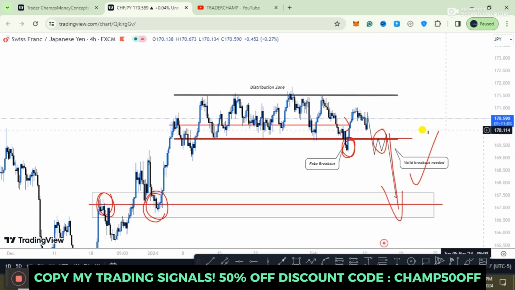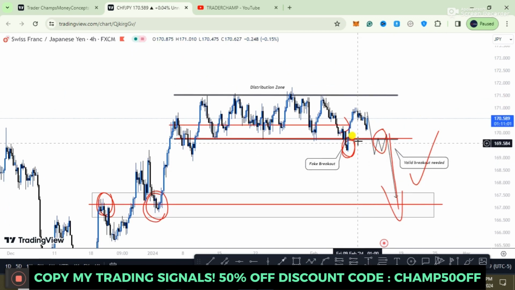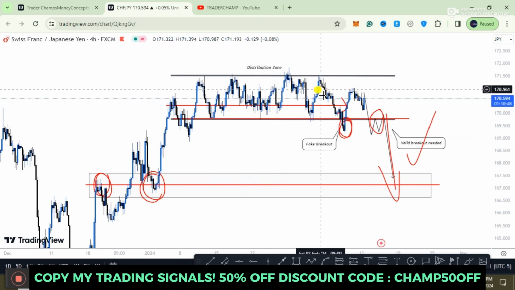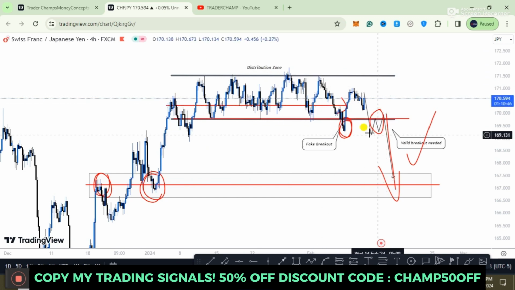The reason I picked this key level is that the price respected this level as both support and resistance, so we can identify it as a major key level. That's why I have set my initial target close to it. We first have to confirm a bearish breakout over the support identified, which is held close to 169.7, right? This is what I personally see on the Swiss franc JPY. As the price has created the distribution zone, we expect a bearish breakout to happen over the supported price level, right?